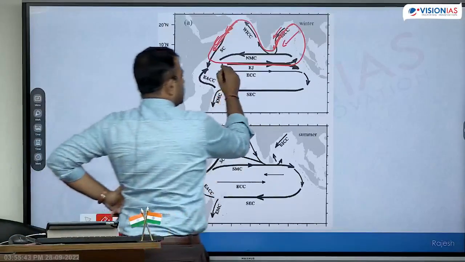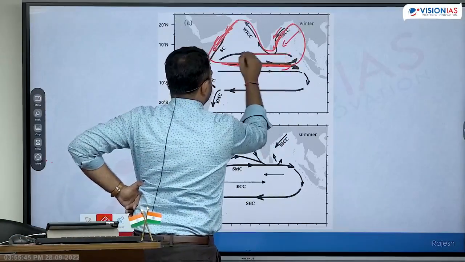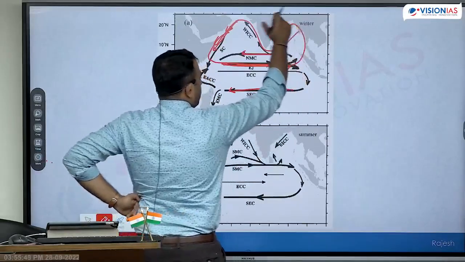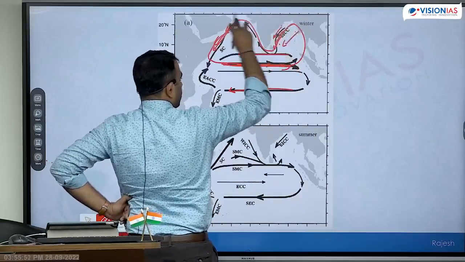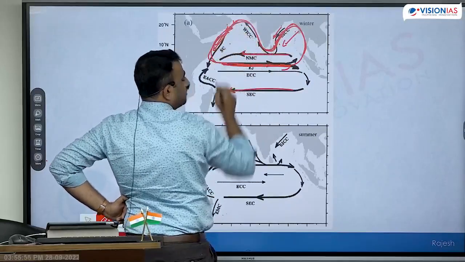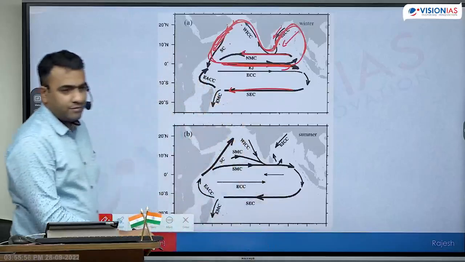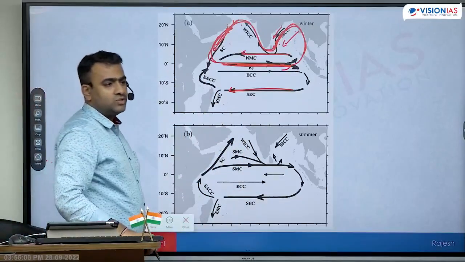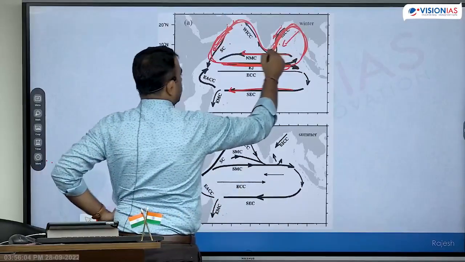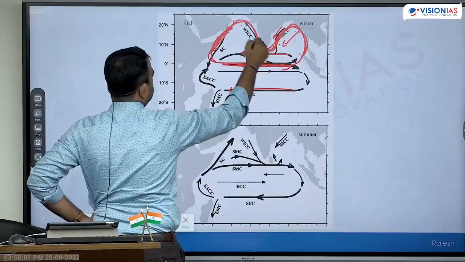The counter equatorial current is the same as before. There is a north equatorial current, a south equatorial current, and between them the counter equatorial current is there. The entire water of the northern Indian Ocean, including the Bay of Bengal and the Arabian Sea, moves in a counterclockwise direction under the influence of northeast monsoon winds. And these waters which are moving under the influence of the northeast monsoon, in which direction?